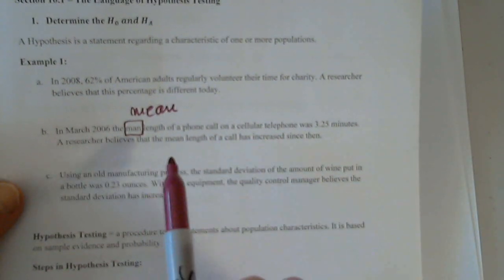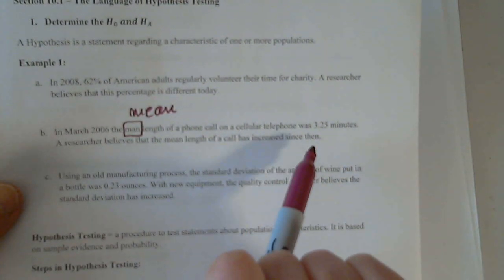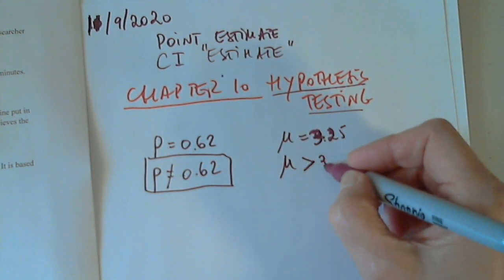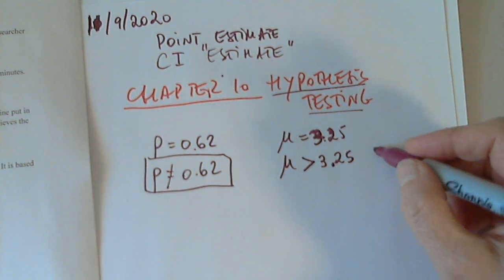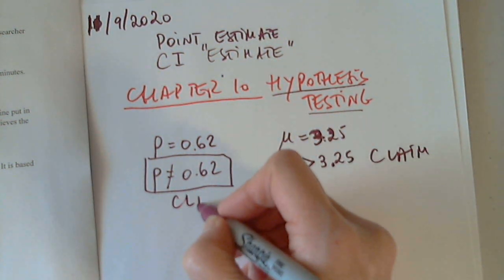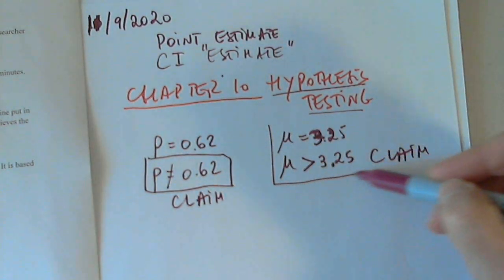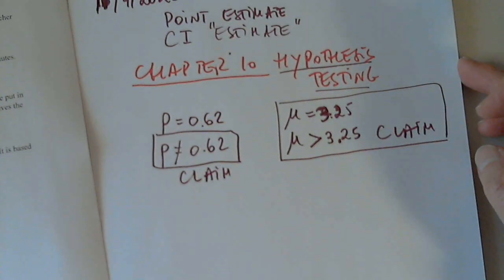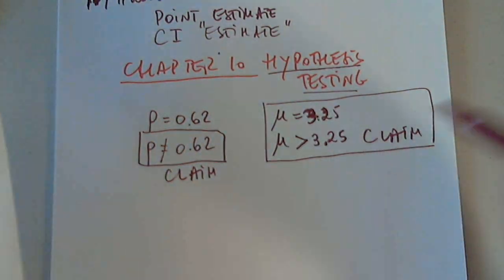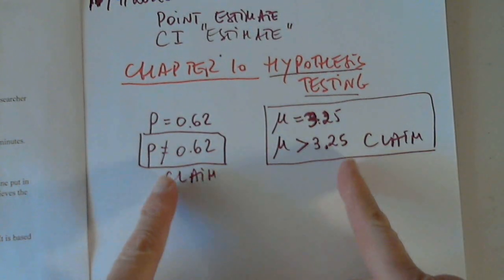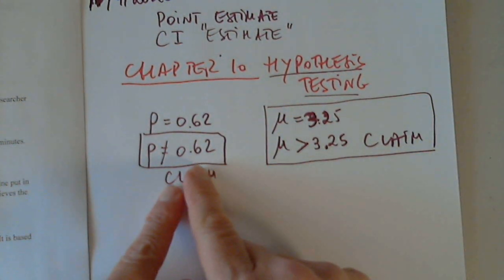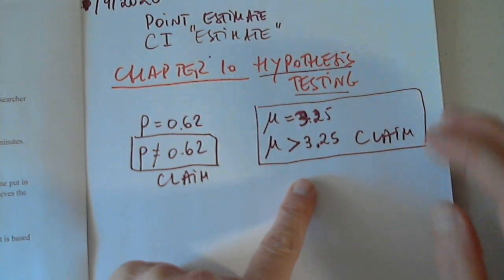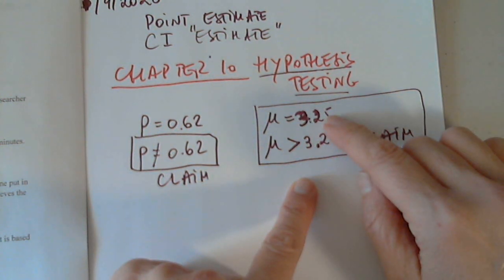A researcher believes that the mean length of a call has increased since then. So right now he claims this. That's his claim. This was the claim before. So we want to test this claim. And there are several steps to do that. We're going to get to that in a minute. See the difference between these two? Here the researcher said, not the same as the previous one. Here the claim is greater than that.